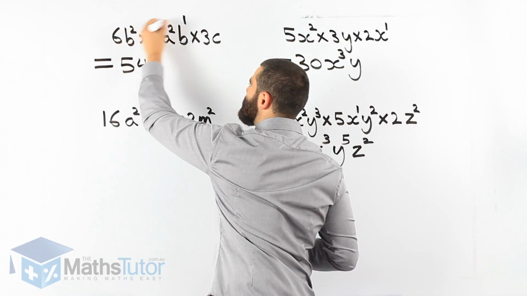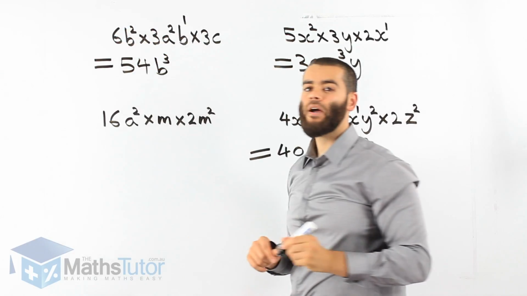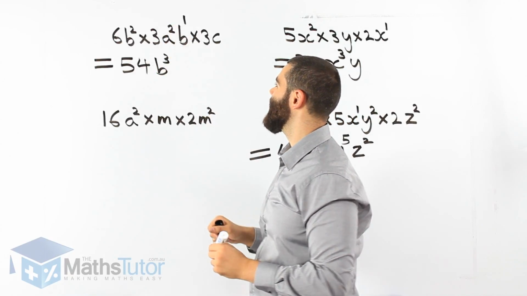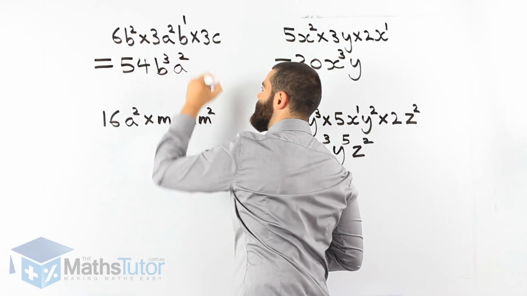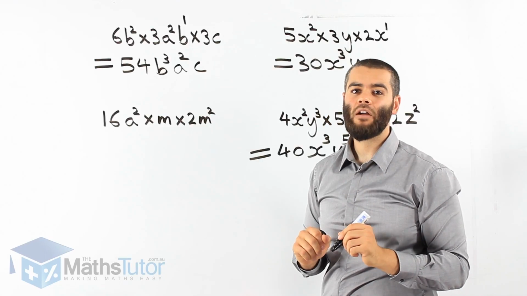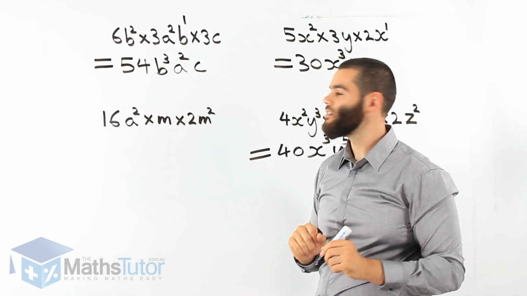So b squared and b, we add them up. We have b to the power of 3. And we have a squared. Does it have anyone else to multiply with? No. A squared and the c at the end. 54, b to the power of 3, a to the power of 2, and c at the end.